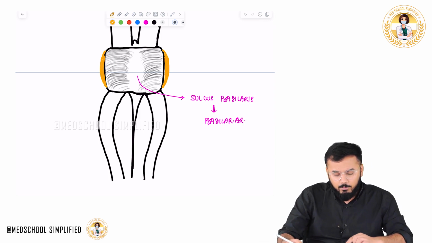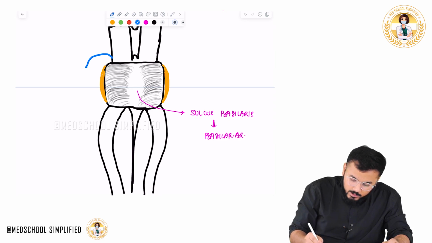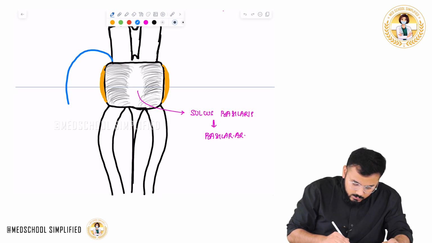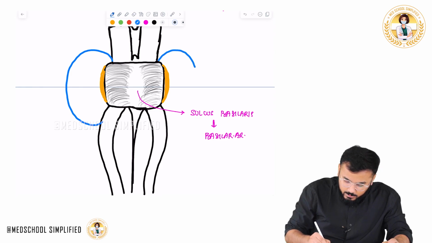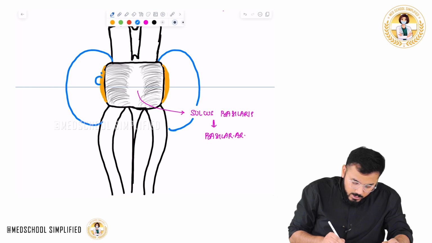And behind the midbrain, pons and medulla oblongata, what structure do we have? We have this particular structure located behind that. This is called your cerebellum.